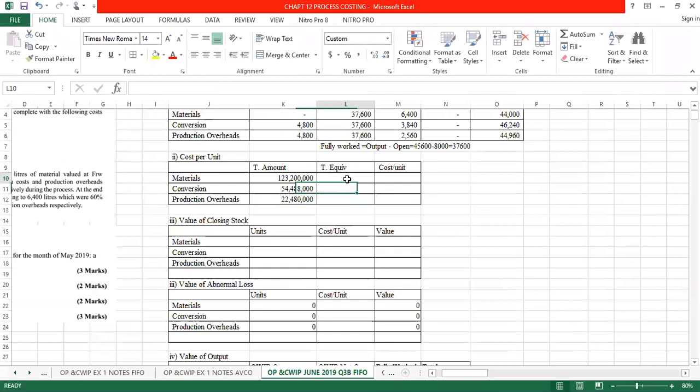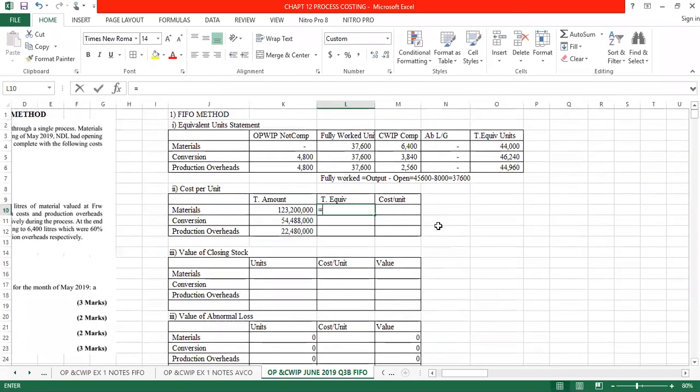Total equivalence we had already found, which is 44. What is the cost per unit? Total amount divided by total equivalence. So it is 2,000. Let me see if it can be rounded off.